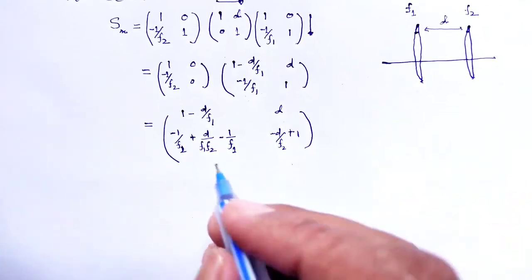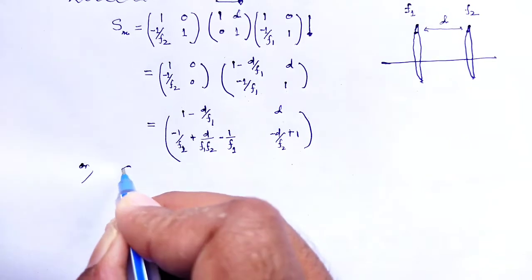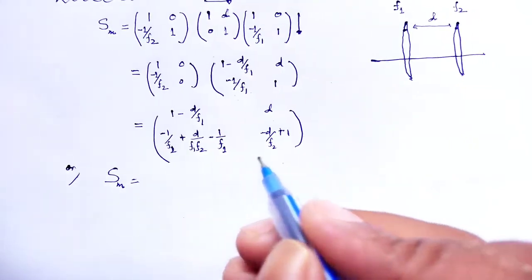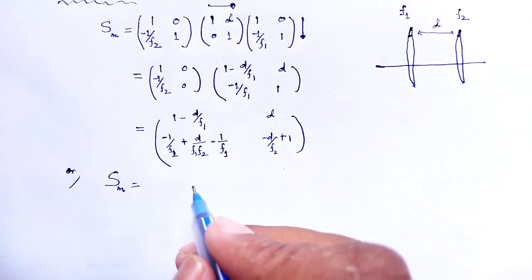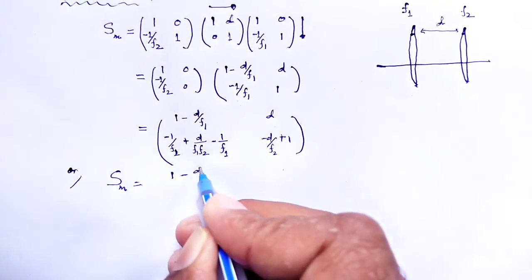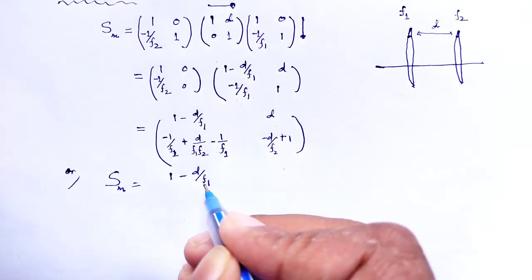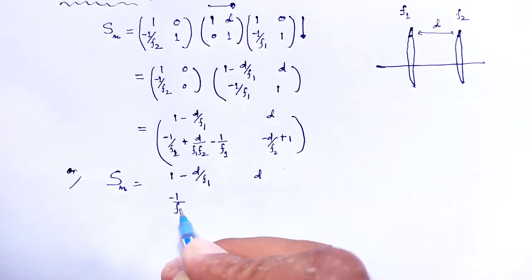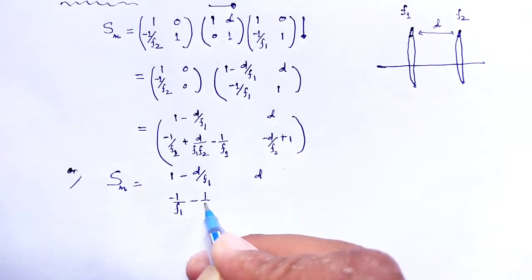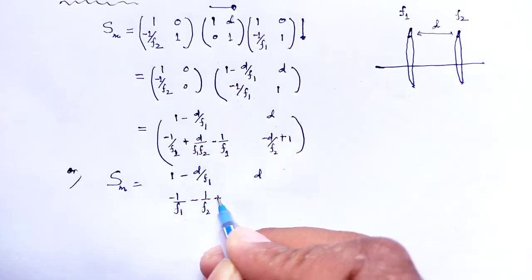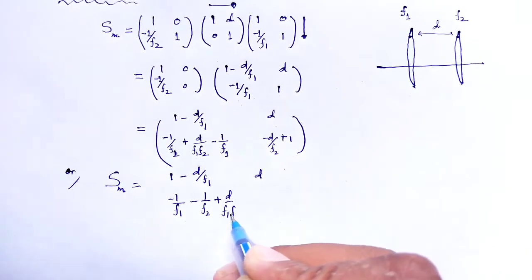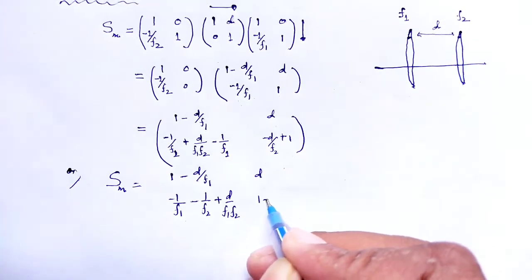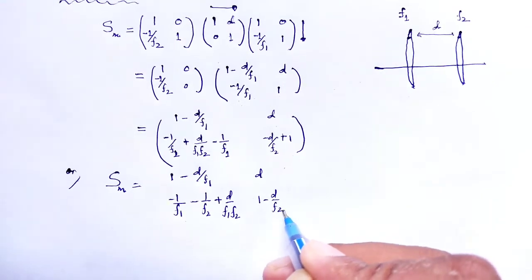Now write it systematically. So the system matrix SM is [1 minus d by f1, d; minus 1 by f1 minus 1 by f2 plus d by f1 f2, 1 minus d by f2].